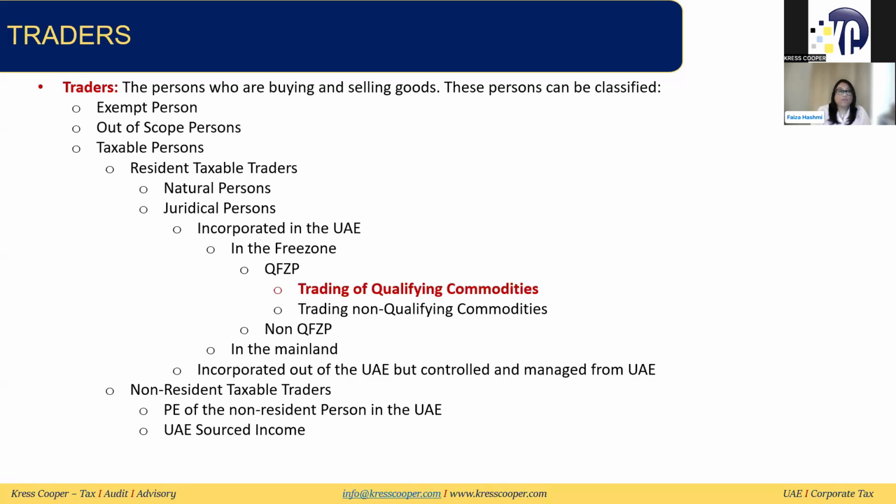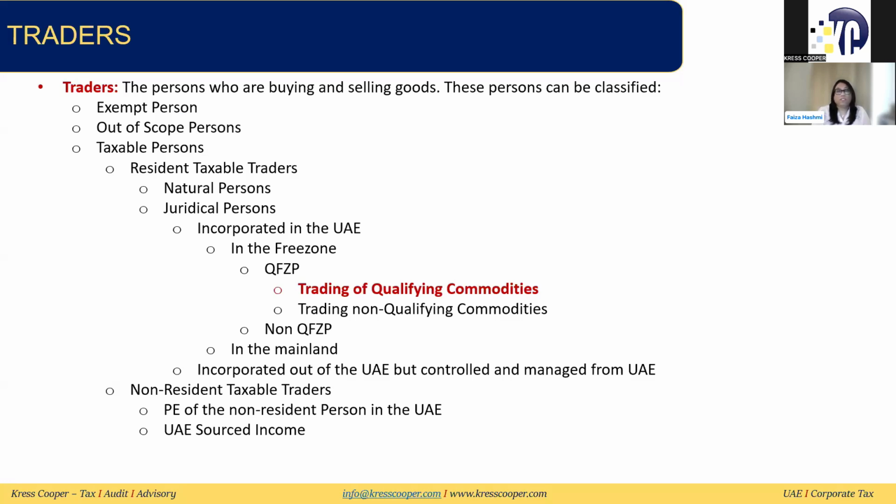Under the resident taxable traders, we then have natural persons or juridical persons. Natural persons are those who do not have a separate legal entity from their owners. So, let's suppose, individuals, sole proprietors, unincorporated partnerships, they are natural persons and they are one and the same as their company, and the ownership is the same.